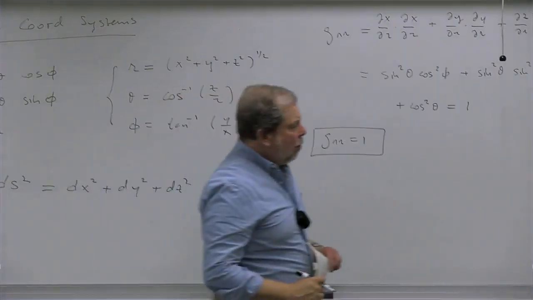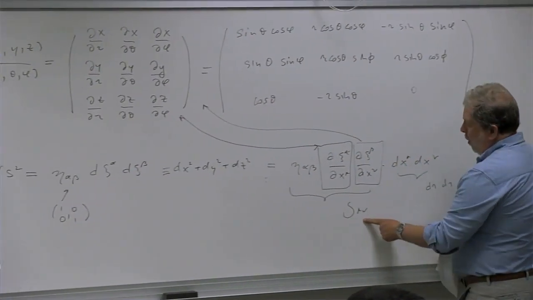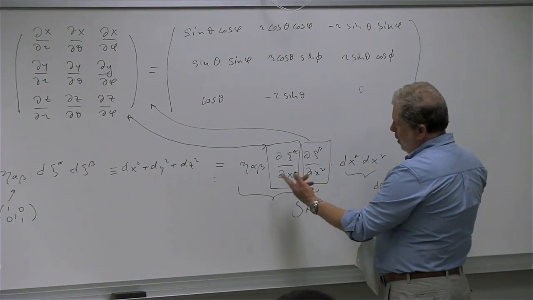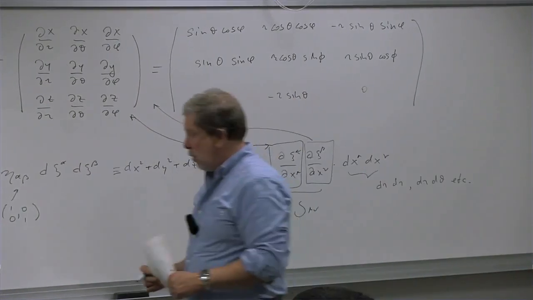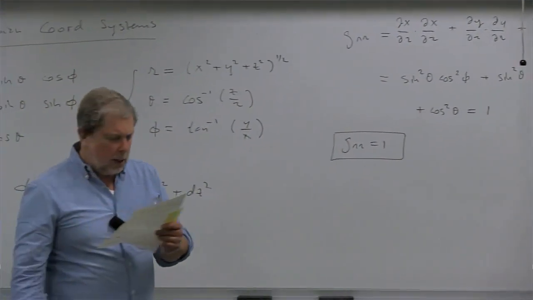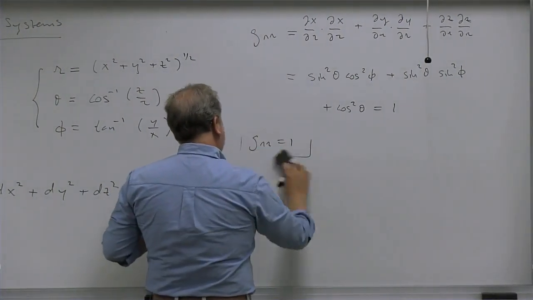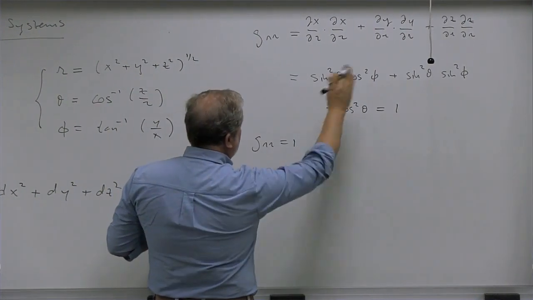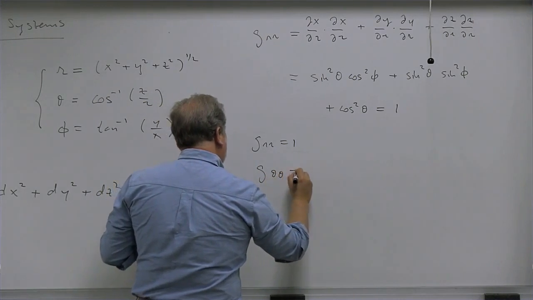So we determined one entry in this matrix, the 1,1 entry in G mu nu. Because of the way things are working here, it turns out G mu nu is also diagonal, so we can repeat the same exercise. And again, we're running out of time. So you can redo this calculation for G theta theta.